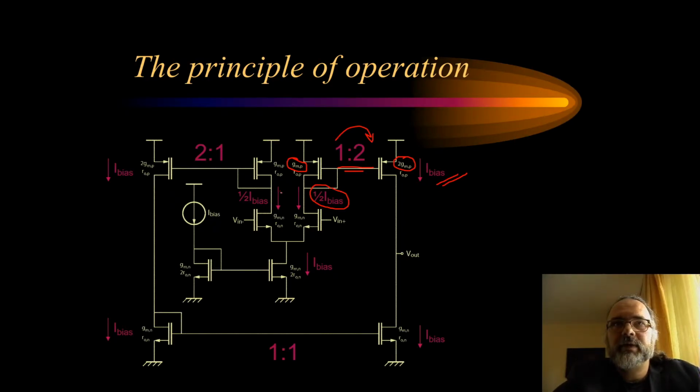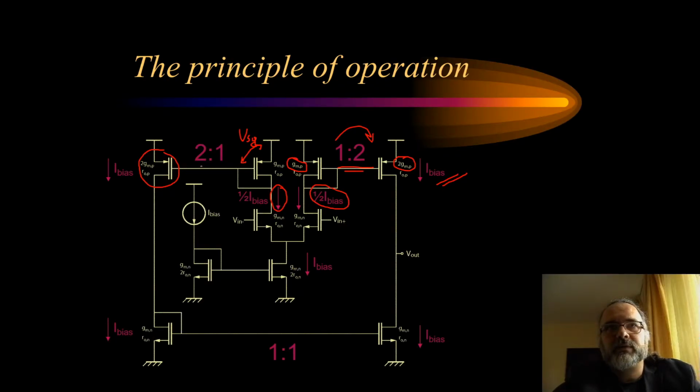The same operation happens with this current, which comes into this diode connected transistor, which adjusted its source gate voltage so that it can conduct this current. This source gate voltage is shared with this transistor, which is the output transistor of the current mirror.